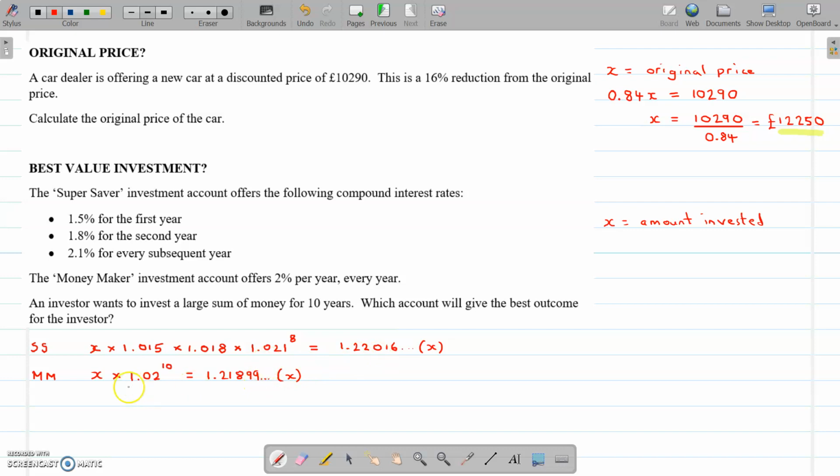All right, so my conclusion, and you must have a conclusion and a reason. Which account will give the best outcome for the investor? So we need to say that the Super Saver, or SS, gives best outcome, because that's the word they've used in the question.